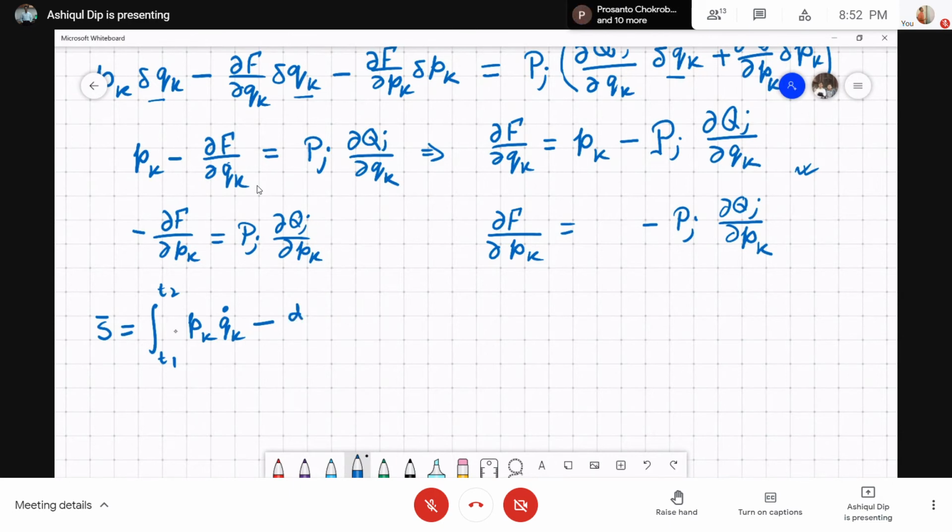So d/dt of f that is dependent on q, p, and t, and then minus H, which is also dependent on q, p, and t, dt. This was our S bar, right?